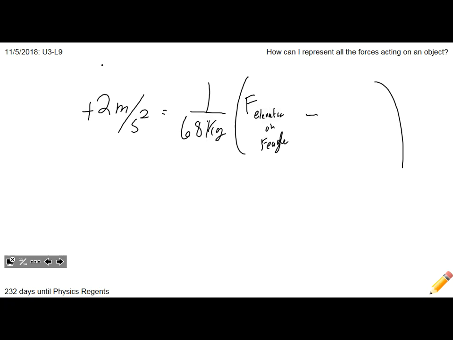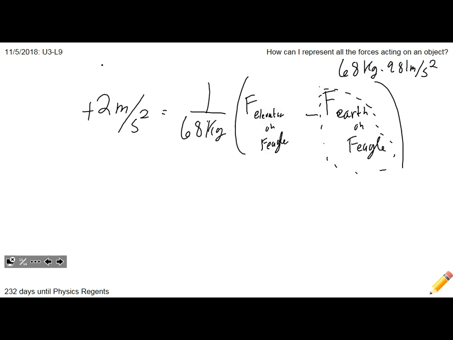Then we have to do the subtract, because if the force of the elevator on Fiegel is positive and points up, then the force of the earth on Fiegel points down. And we know how to figure out this number: 68 kilograms times 9.81 meters per second squared. Again, you put that in a calculator and you get some number.